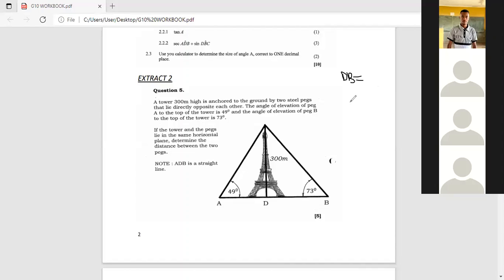Okay, rounded off to second decimal place. So it's 91.72. Thank you.